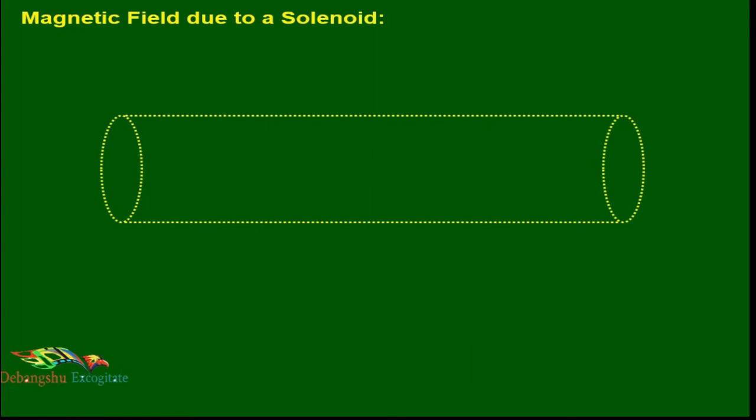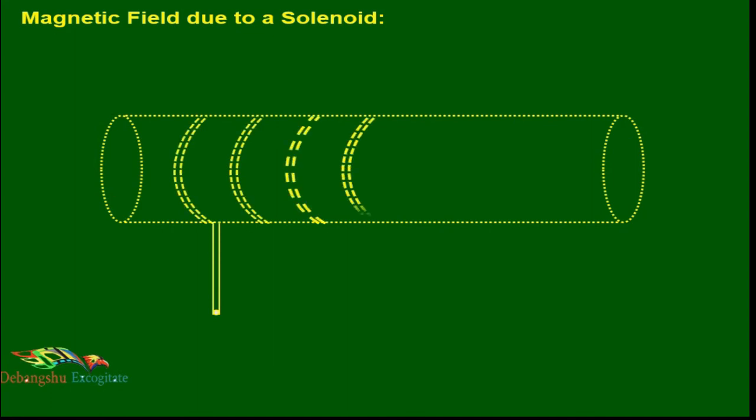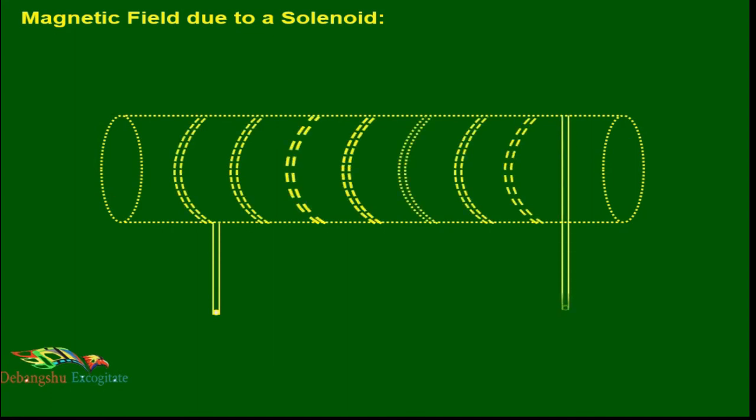Magnetic field due to a solenoid. This is another experiment I will be doing just after this, a virtual experiment of course. A solenoid is a pipe on which current is wound like this. The first wire is going in, and the last one, the bold one, is coming out.